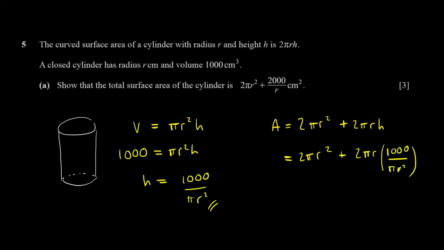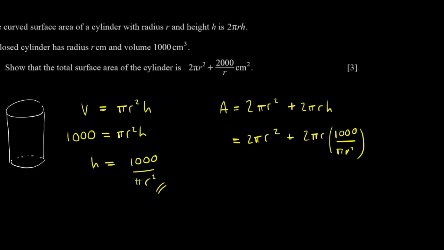Let me just do that. And if we do that, hopefully you can see that things cancel off. Pi cancels, r cancels. And what we're left with is 2 pi r squared plus 2,000 divided by r. So we've shown what was required for part A.